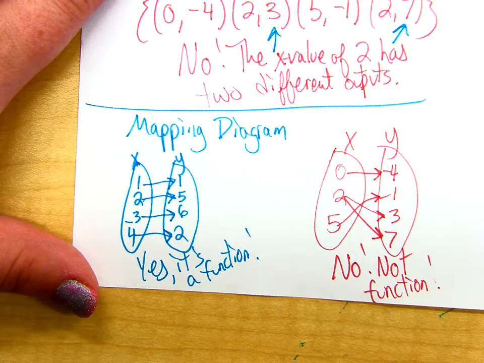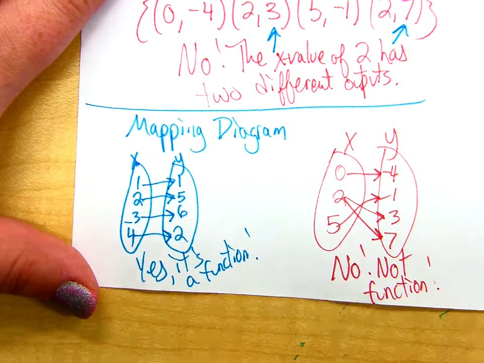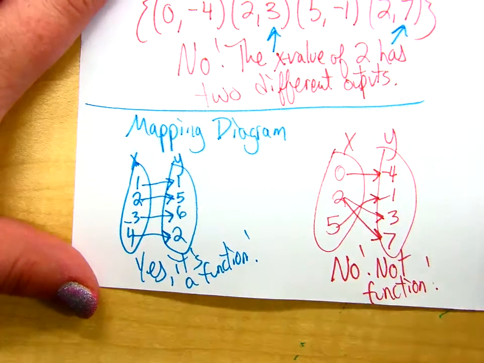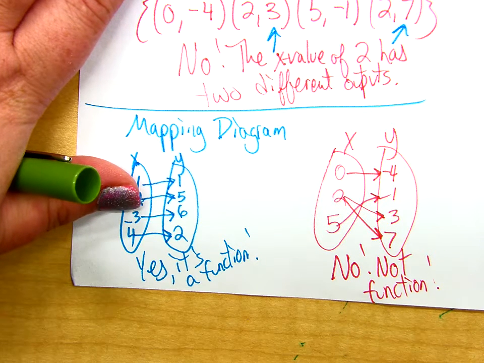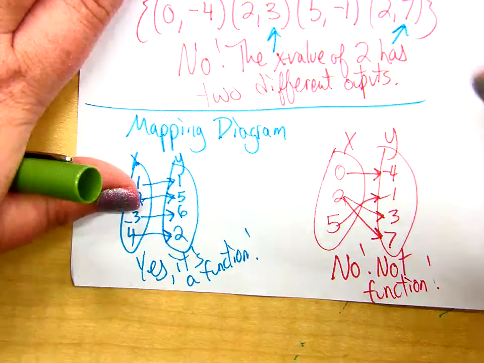I'm going to try and trick you. I'm going to draw you a new mapping diagram, and I want you to tell me if that thing would be a function or not. Okay, ready?